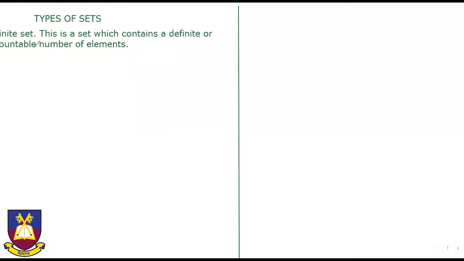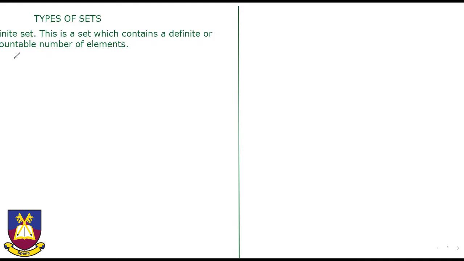A finite set is a set which contains a definite or countable number of elements. If you can count the number of elements within a given set, then that set is said to be finite.